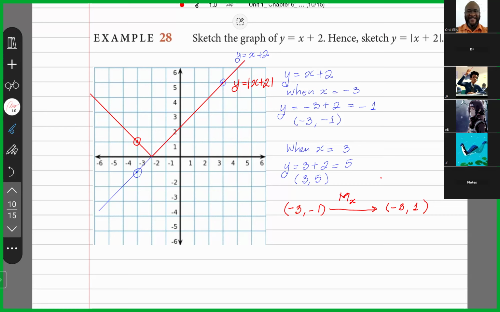How would I do that? I would find all the points that are below the x-axis and get the corresponding point above the x-axis when that point is reflected in the x-axis. Whenever you reflect a point in the x-axis, the x-coordinate remains the same and the sign of the y-coordinate changes.